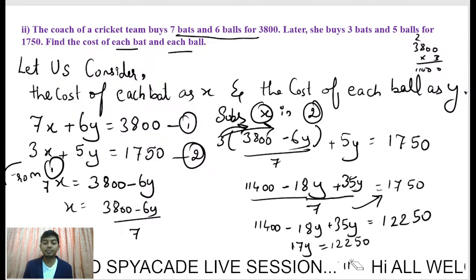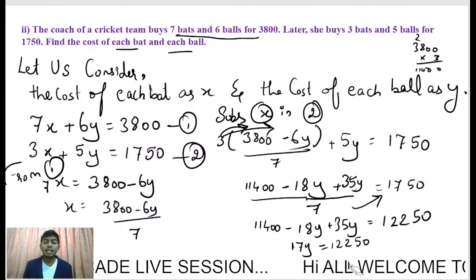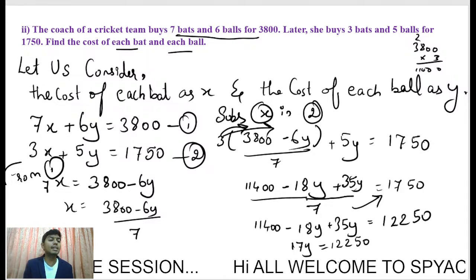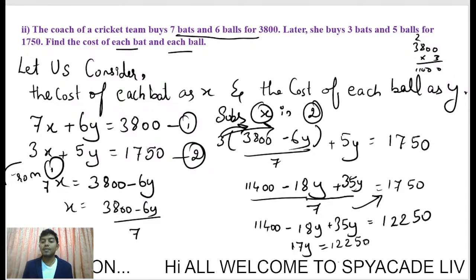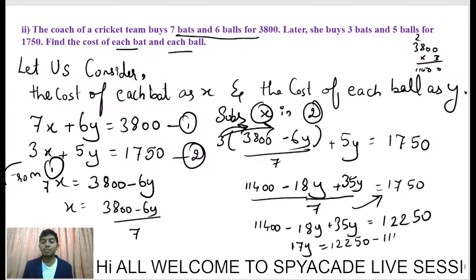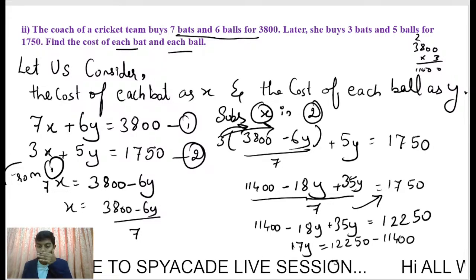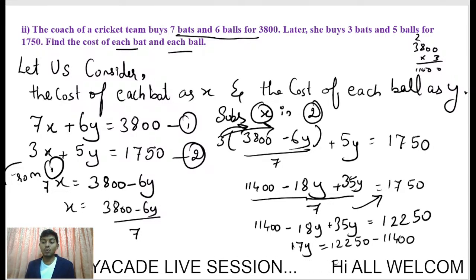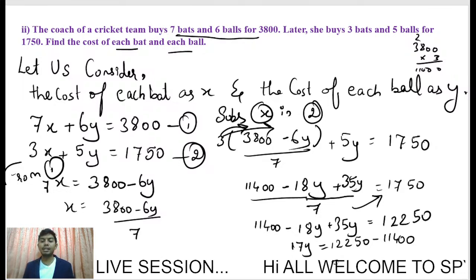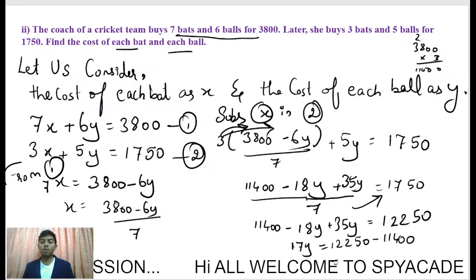Why subtraction? Because 11,400 is available in addition. If addition comes to the other side, it will become subtraction. So 12,250 minus 11,400, subtract and check how much you will get.